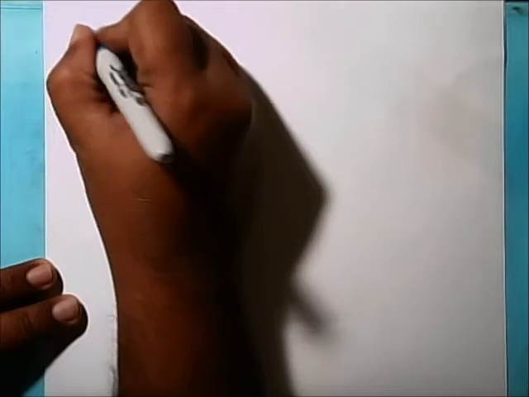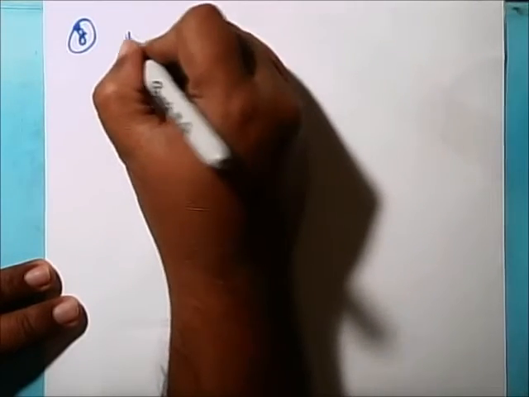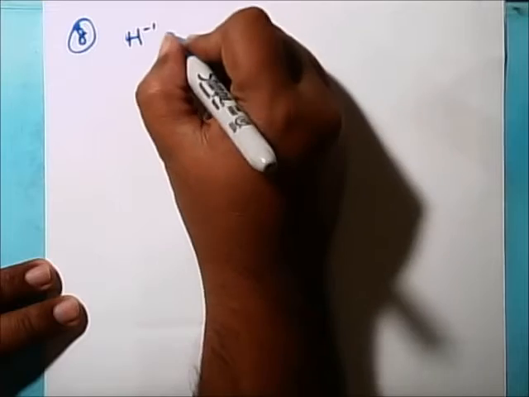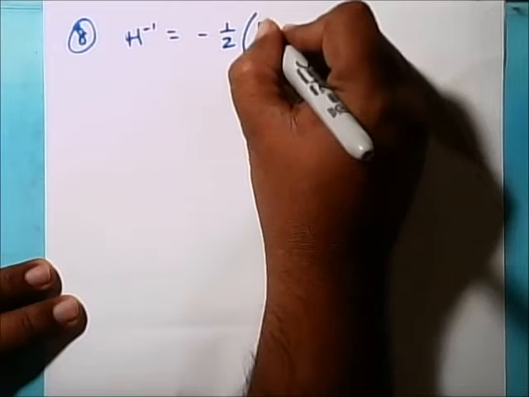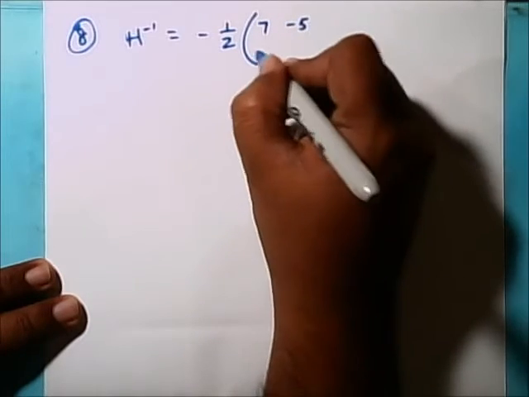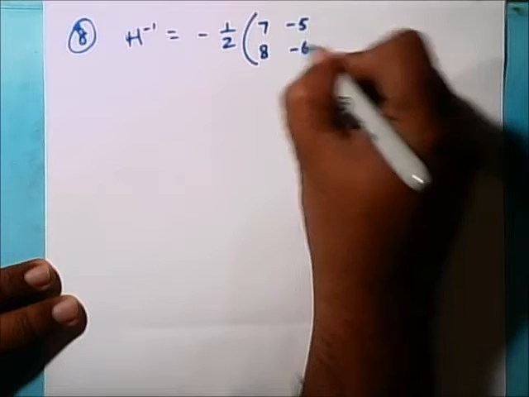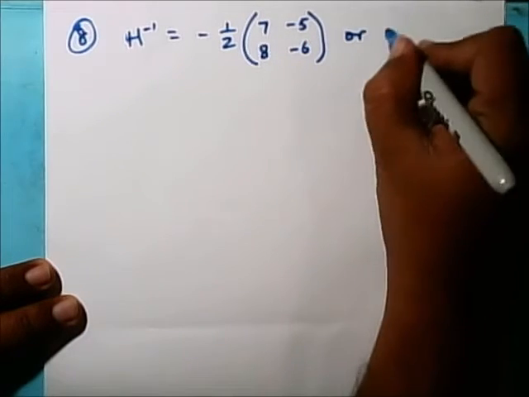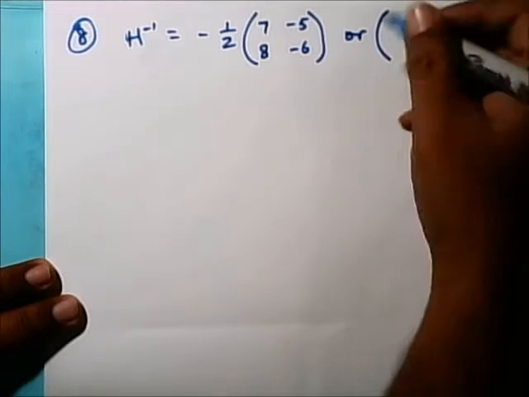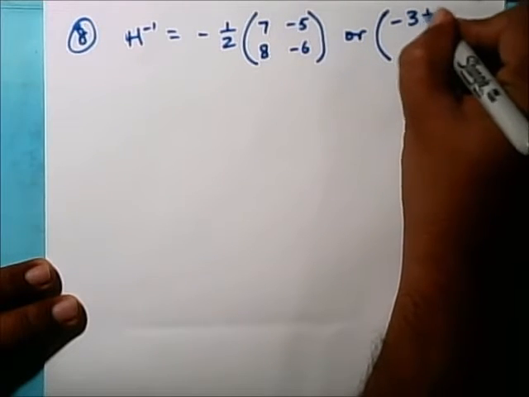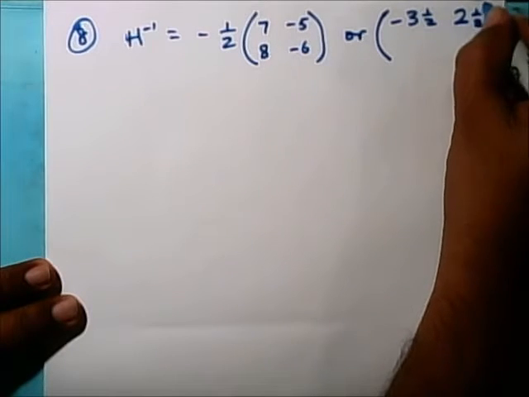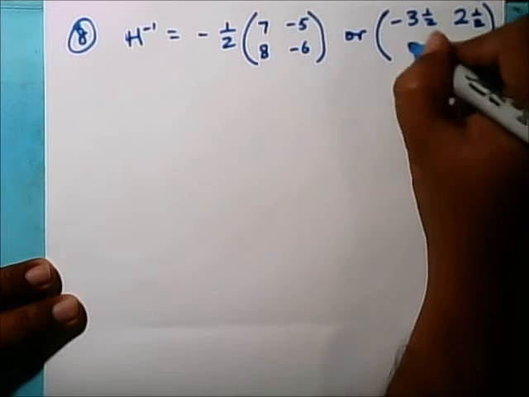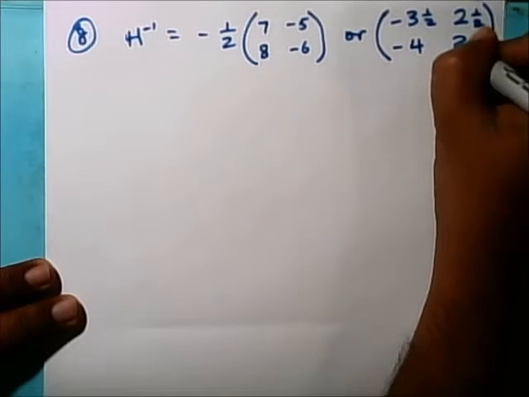Okay, continuing from our last thing we were doing, which was question 8. We had that the inverse of H was equal to minus a half, [7, minus 5; 8, minus 6]. Or we could have written it, multiplying it out, as [negative 3.5, 2.5; minus 4, 3].